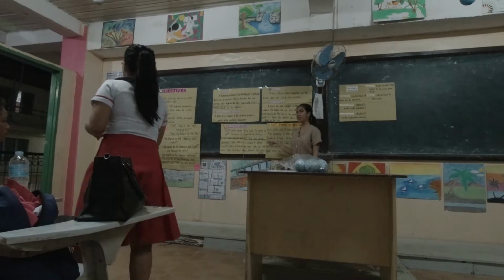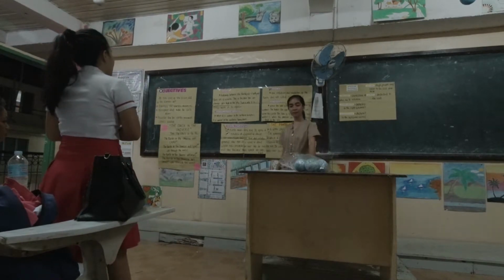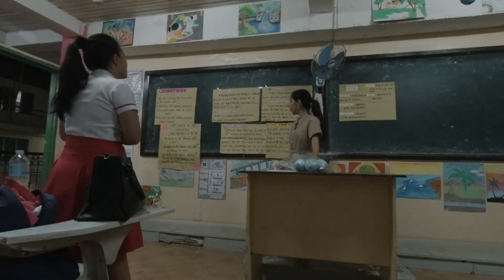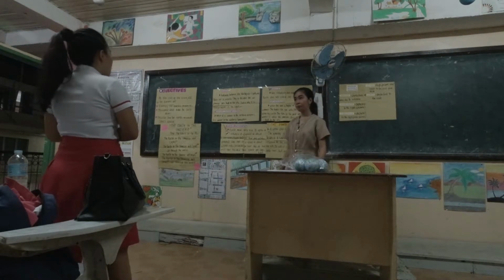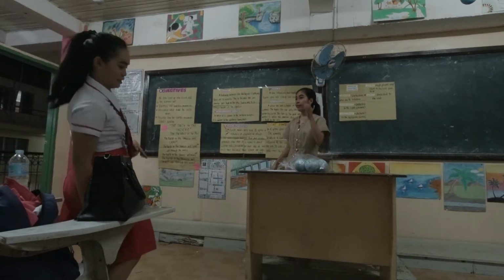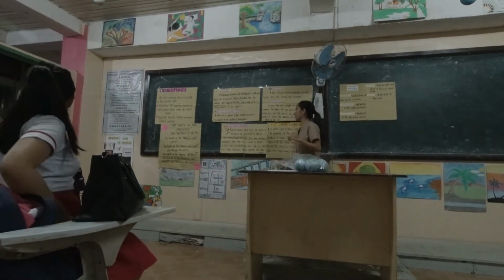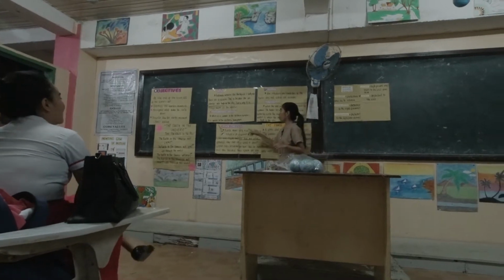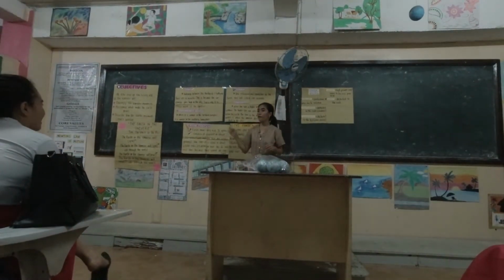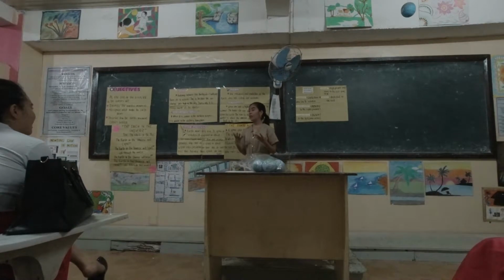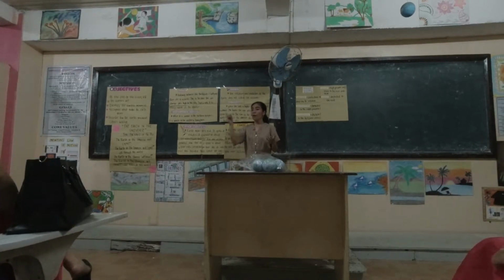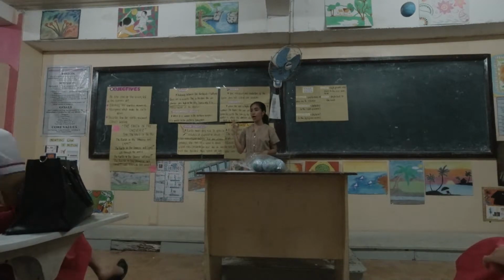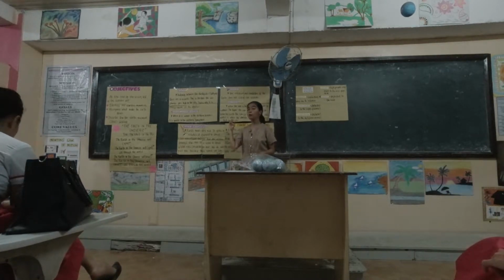There are two movements of the Earth, which are the Earth rotates on its axis and the Earth revolves around the Sun. Okay, thank you very much. So, the Earth moves very fast. Hindi natin namamalayan na fast pala yung pag-spin ng Earth sa kanyang own axis at saka yung pag-revolve niya doon sa Sun.